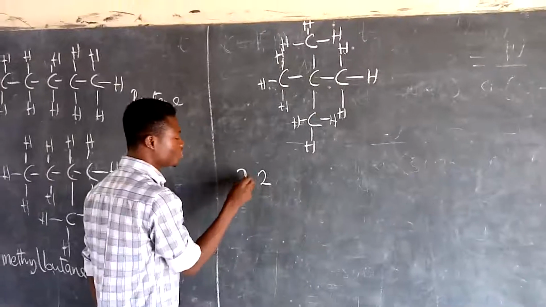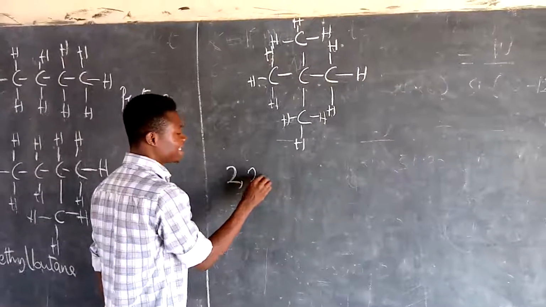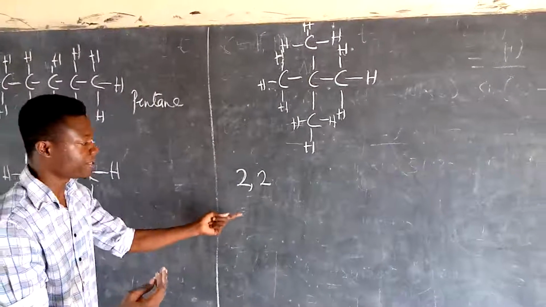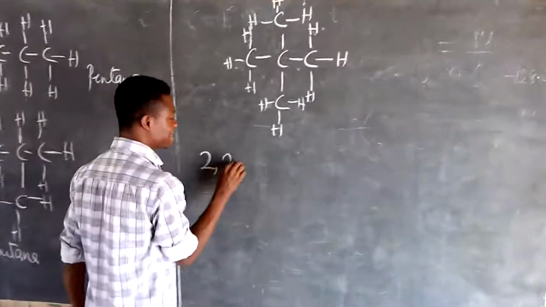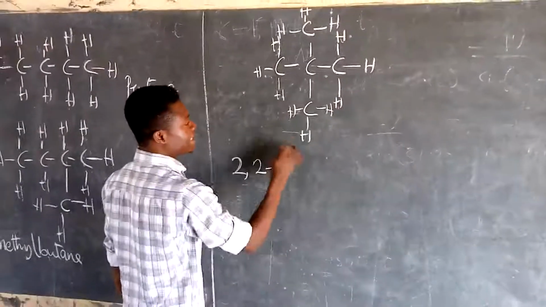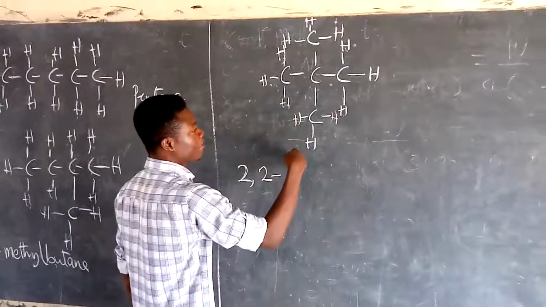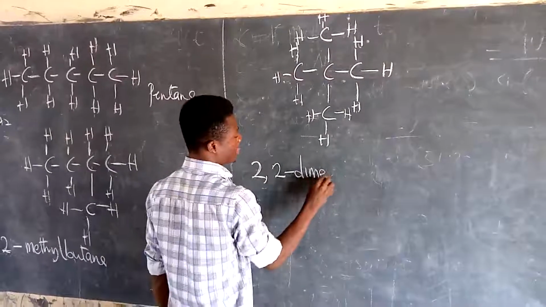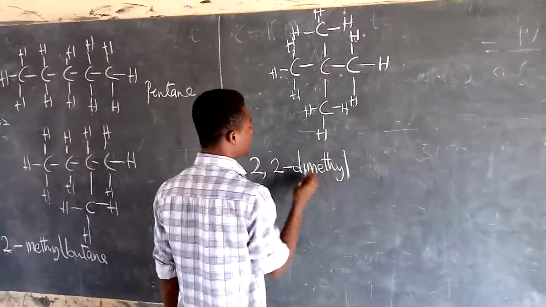You say 2, 2. When I write a number between numbers, we use a comma to separate them, and between a number and a letter, we use a hyphen. So 2,2. How many branch compounds do we have? We have 2. So we say dimethyl. The di means 2.